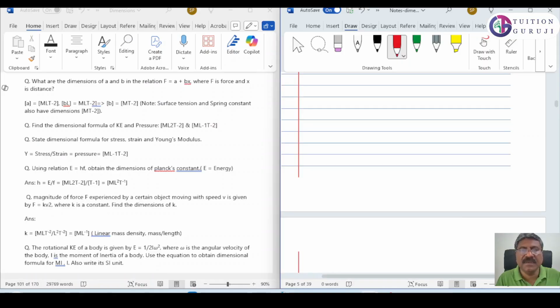Now, what are the dimensions of A and B in the relation F is equal to A plus Bx, where F is force and x is distance?